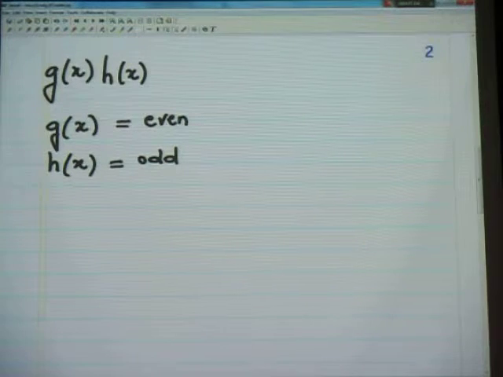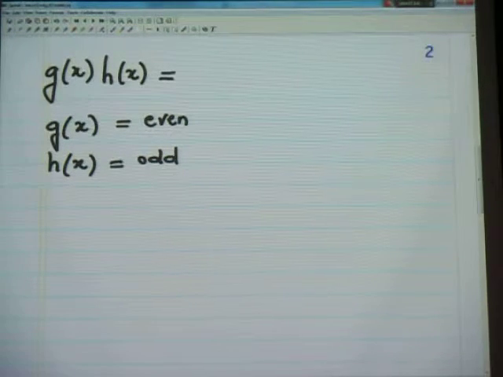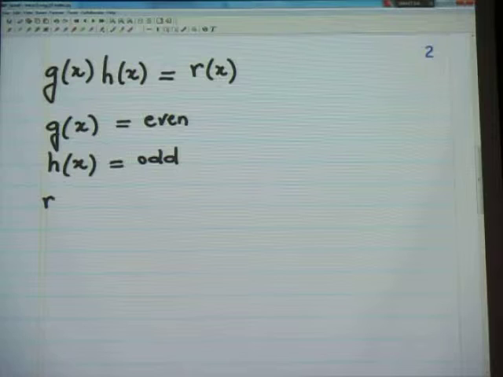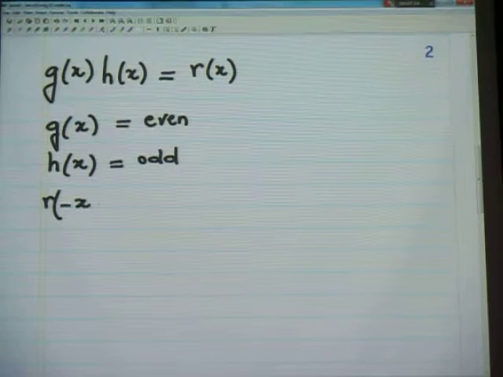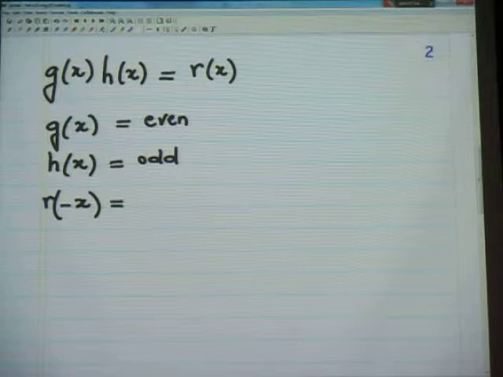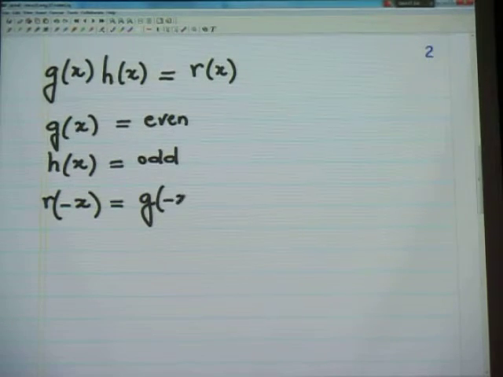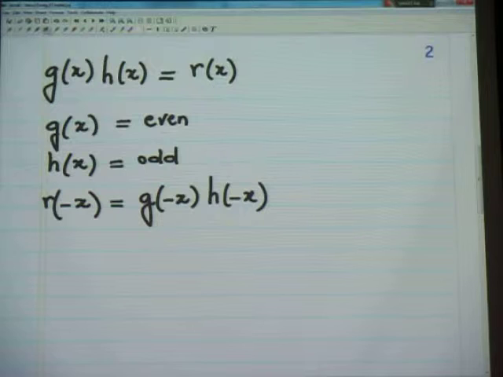And so let's call the result R. You want to test whether this is odd or even, so you look at R of minus x. R of minus x is G at minus x times H at minus x. Since G is even, G at minus x is equal to G at x.